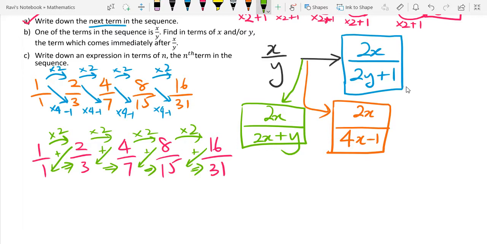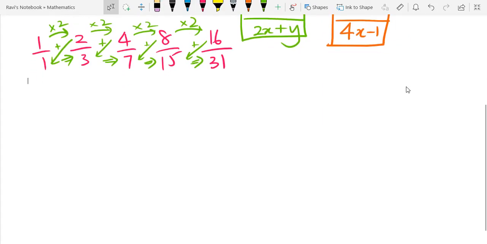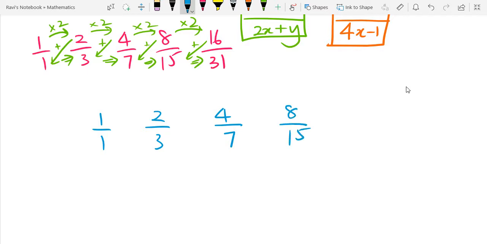These represent x over y and the next term in the sequence. So part B is done. Let's go on to part C, which says write down an expression in terms of n for the nth term in the sequence. What we need to do now is write down the numbers again and see the relationship that they can possibly have based on the nth term.